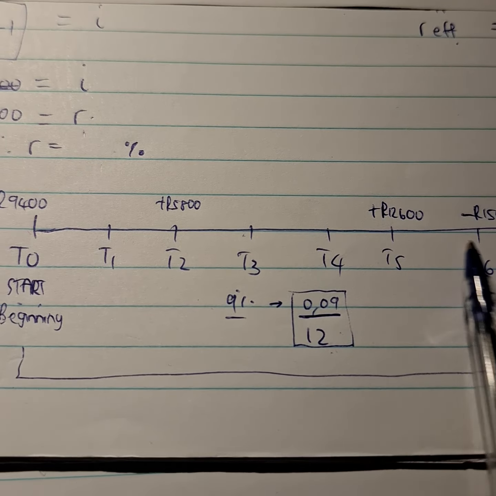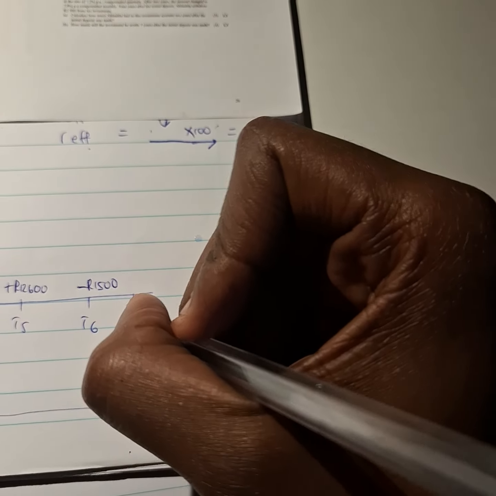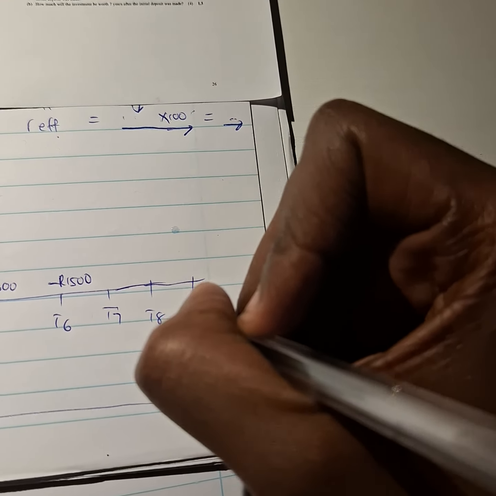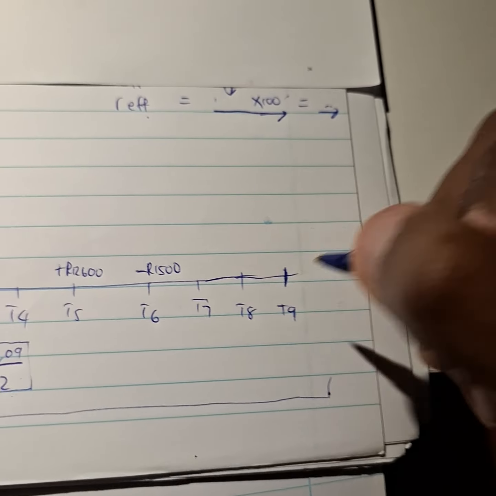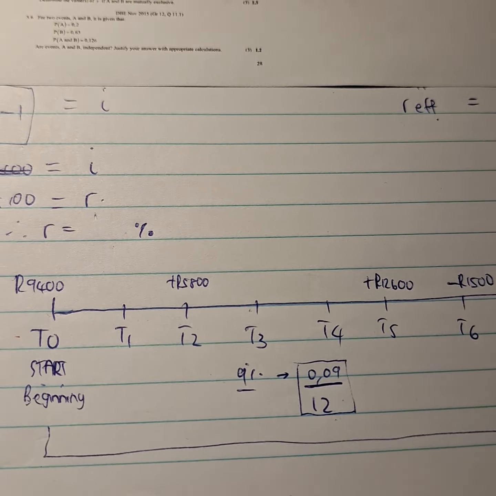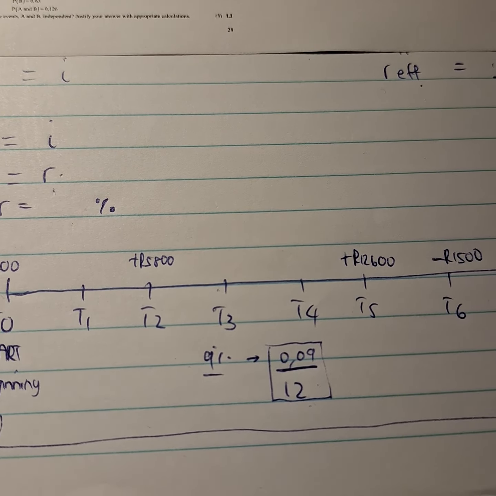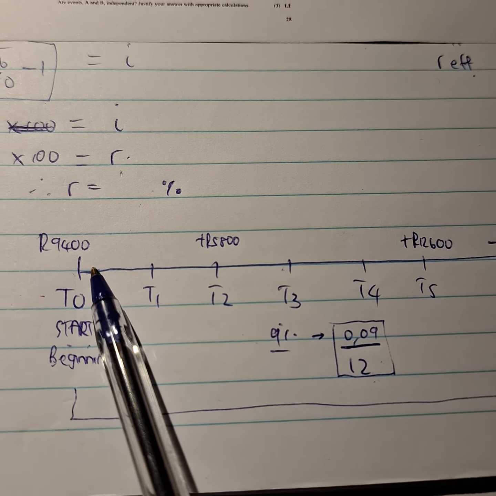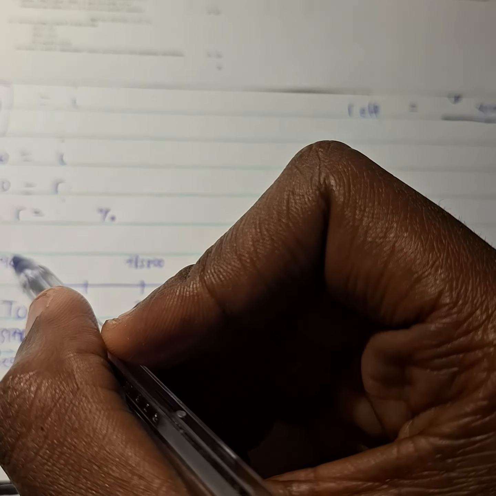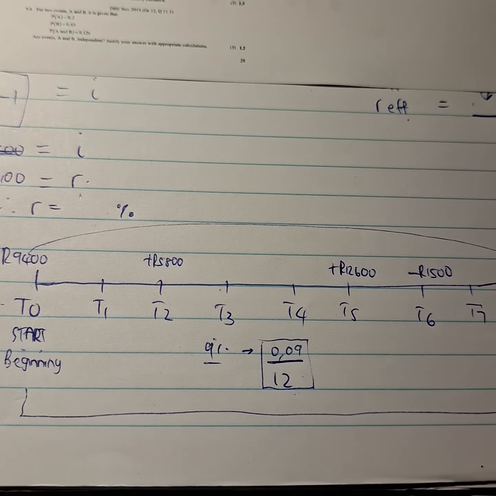So let's go. 6, 7, 8, 9. So here, we want the value of the investment at the end of 9 years. So 9,400 is going to enjoy an interest rate for how long?